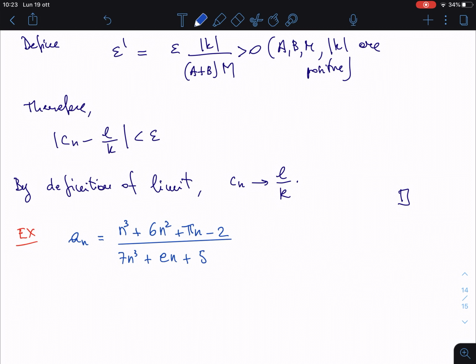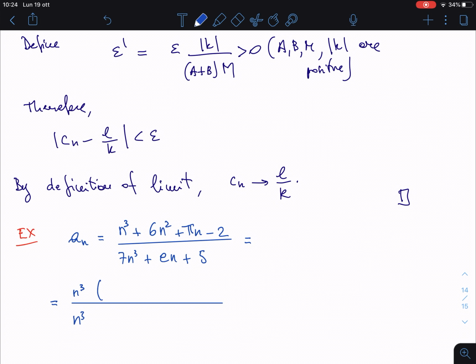And so what happens to the limit of the sequence? So there are various ways to do that. The simplest way is to collect the highest degree power at the numerator and denominator.